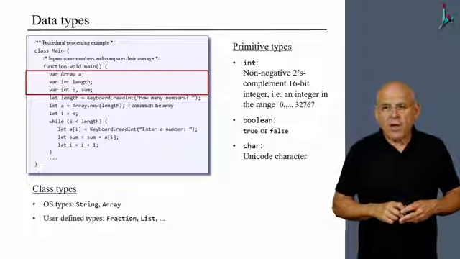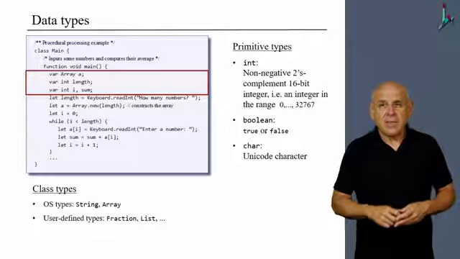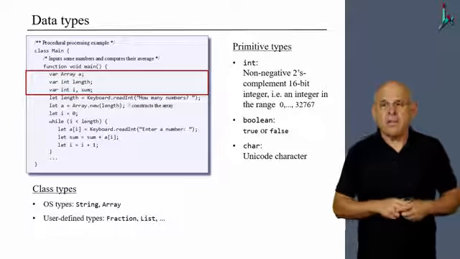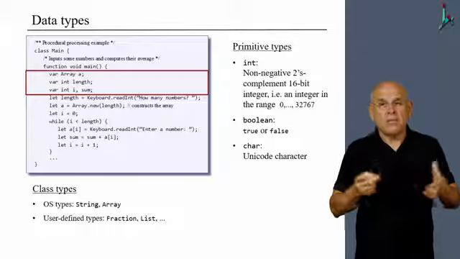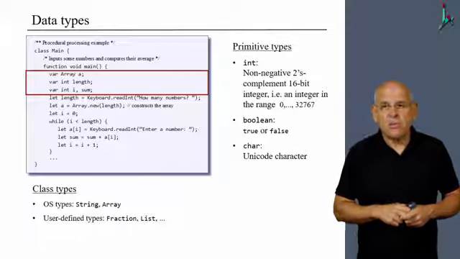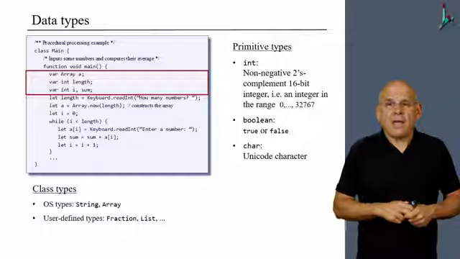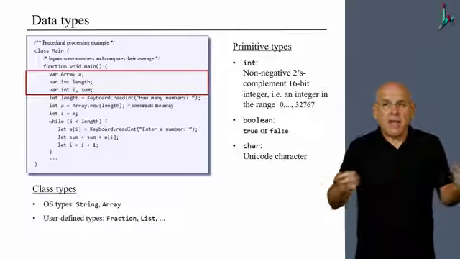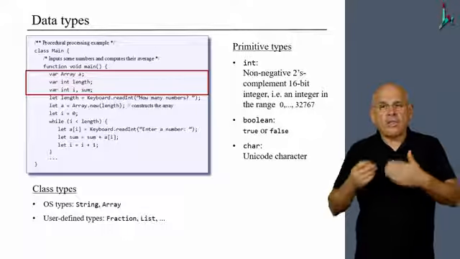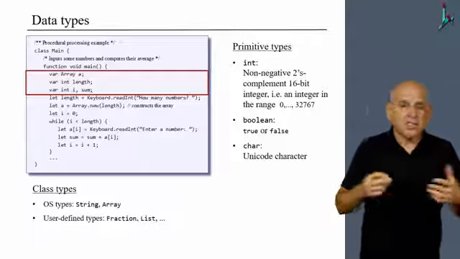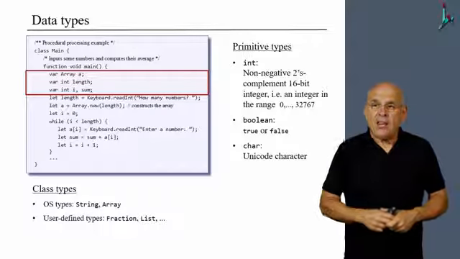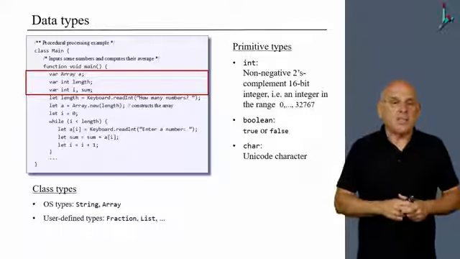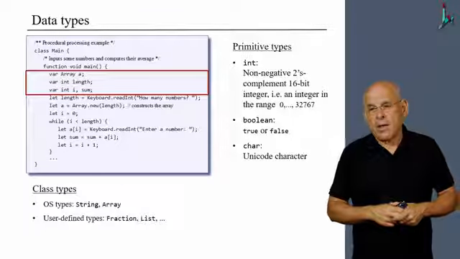Moving along, we also have class types. For example, in this piece of code here, we see the variable a whose type is Array. There are class types that come from the Jack operating system, like String and Array, and there may be class types that the user has created.